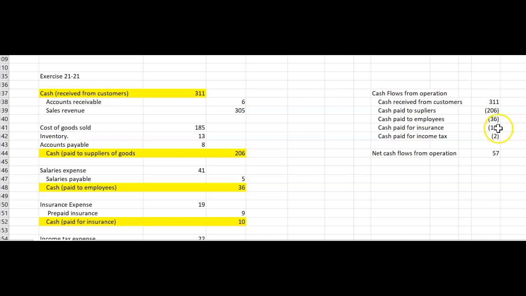Cash paid for insurance would be deducted at $10, and cash paid for income tax would be $2. So our net cash flow, which is the sum of the cash received all the way to the cash paid for income tax, would be $57.